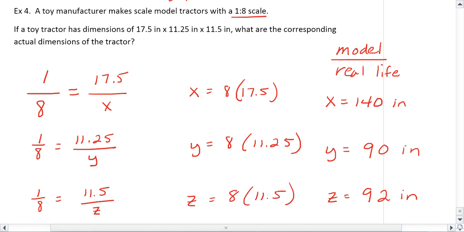So then when I multiply that out, I get that the first dimension is 140 inches on the real tractor, the second one is 90 inches, and the third one is 92 inches. So now I think you have the knowledge you need to do section 3.3, so have fun with math.